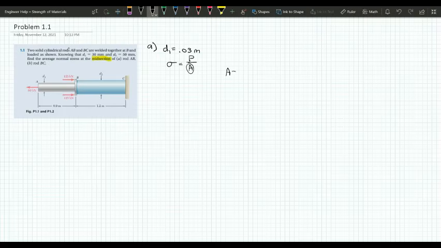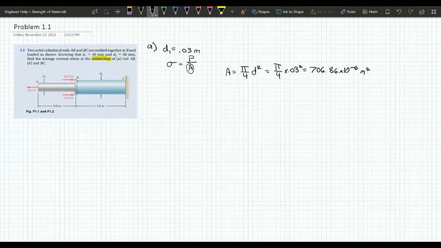The area of a circle is pi over 4 times the diameter squared. So that's going to be pi over 4 times 0.03 squared. I have that crunched out already somewhere. The area is going to be 706.86 times 10 to the negative 6 meters squared.